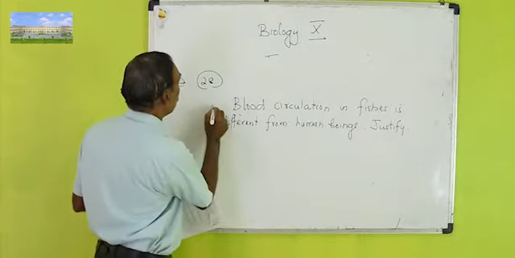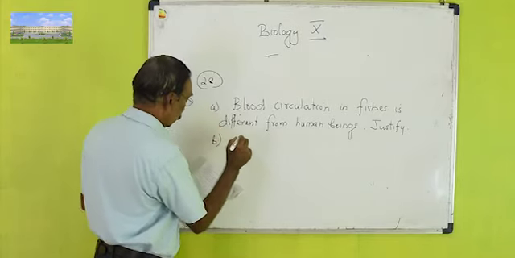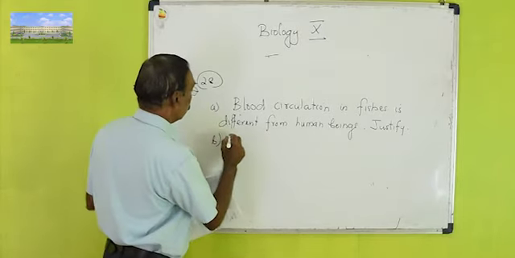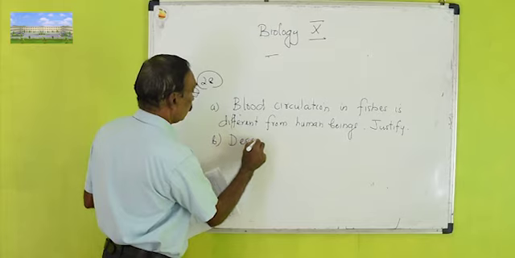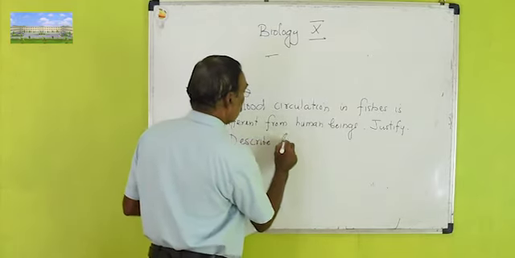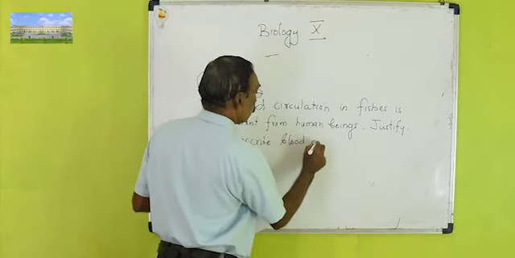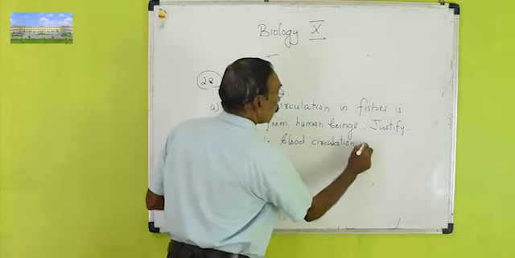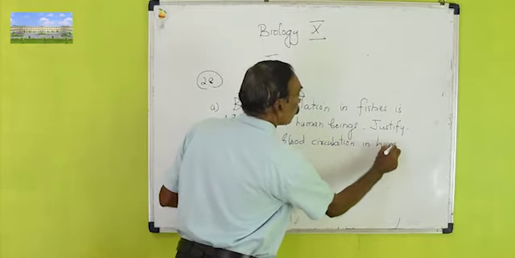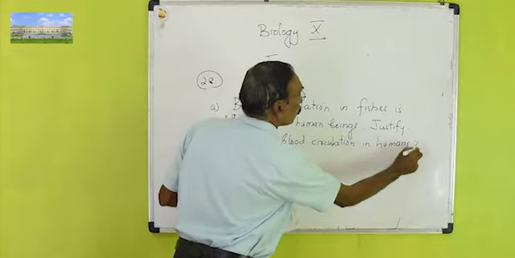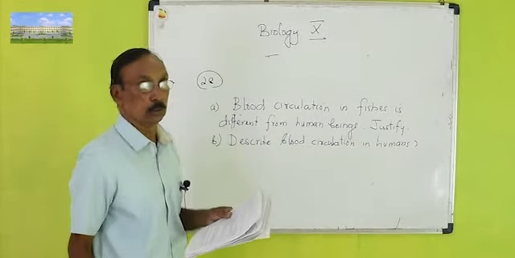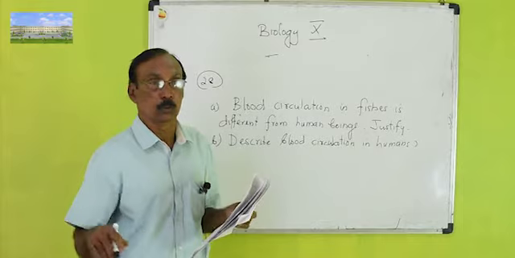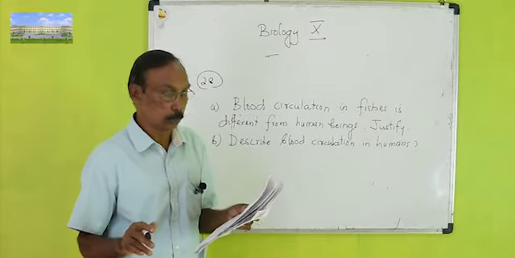Describe, being part of the same question: describe blood circulation in human beings. You know, two circulations are there. All you have to explain.